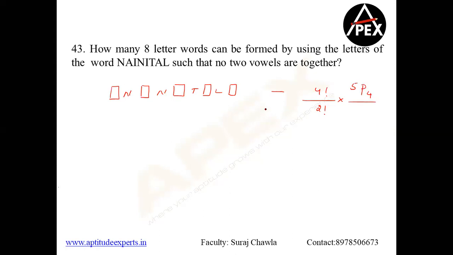Clear? But I have to also check what my 4 vowels are. My 4 vowels are 2 A's and 2 I's. So if I'm assuming that all of them are different, 5P4 becomes my answer. But they are not different. 2 A's are similar and 2 I's are also similar. So therefore I divide by 2 factorial into 2 factorial. This becomes my answer.